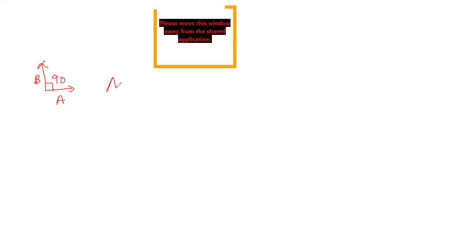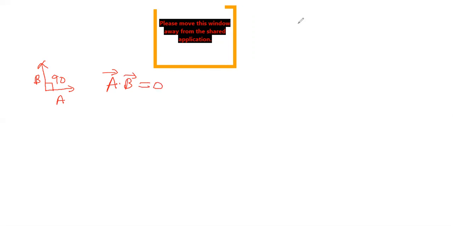First we have to check whether, listen to this, if two vectors are perpendicular to each other and make an angle 90, the dot product of those vectors must and should become 0. Why? I will tell you the reason.